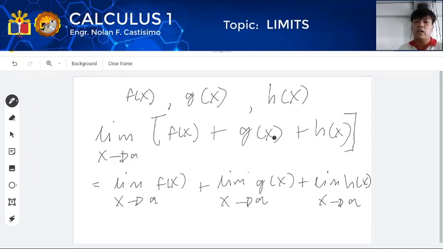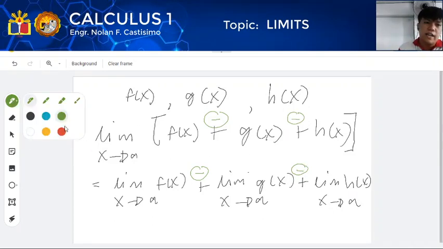So, yan lang yung ibig sabihin ng 2 or more functions. Pwede pa tayong magdagdag dyan ng hanggang 4 or hanggang kung ilan ang given. So, applied yan sa addition, subtraction, and multiplication. So, palitan na lang natin. Oh, pwede natin itong palitan ng minus, and minus. Next, pwede rin natin yung palitan ng multiplication.